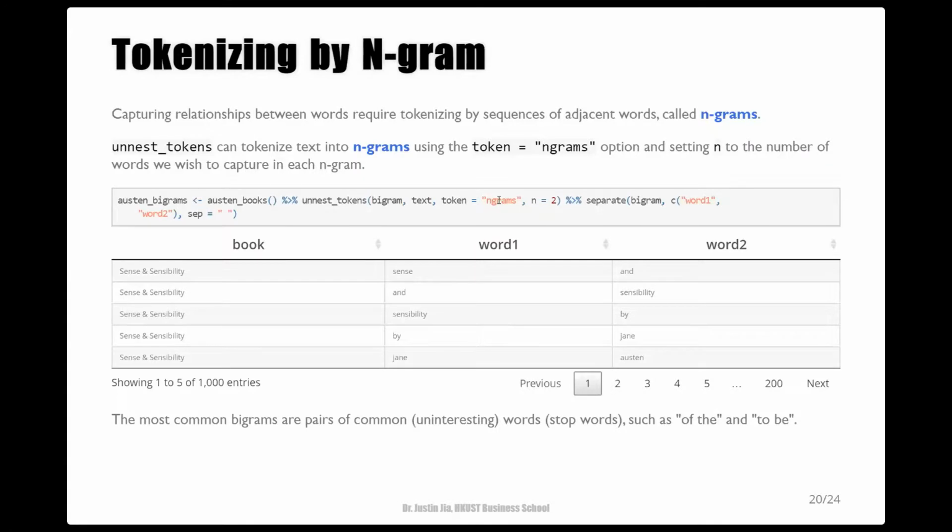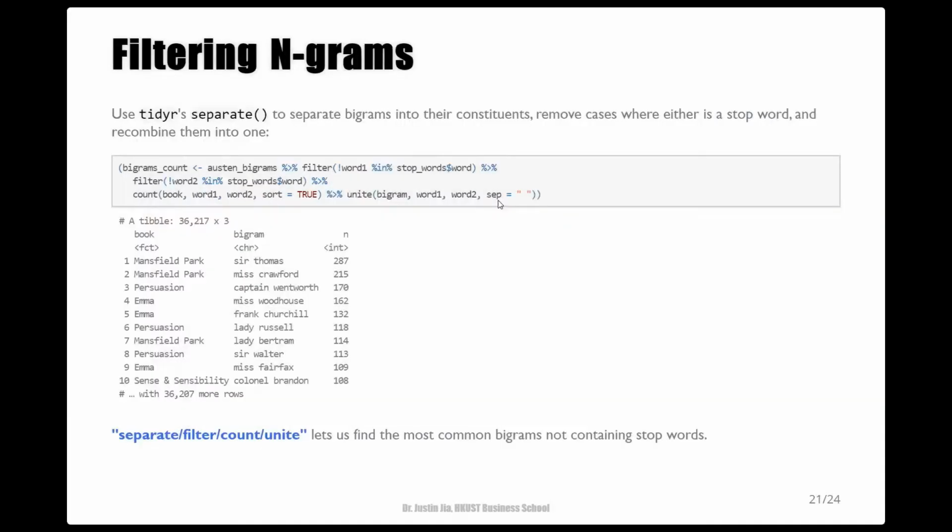Once we get bigrams, you may find the most common bigrams are pairs of stop words. So in order to remove cases where either word is a stop word, we need to first use the separate function from tidyr to separate the bigrams into their constituents.